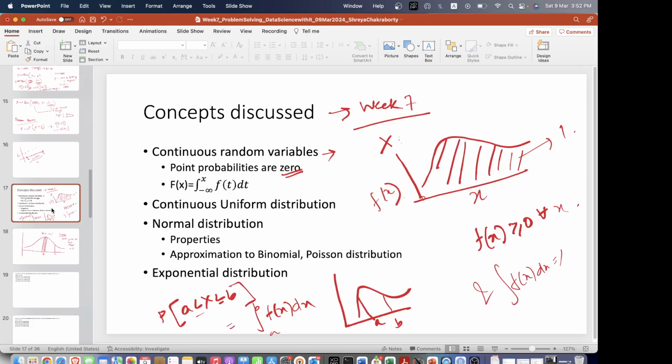Then we learned how to calculate CDFs from PDFs. If you are given a PDF of any sort, then the integration from minus infinity to x of ft dt would give you the CDF. Capital Fx is the CDF. Then we learnt about distributions like continuous uniform, normal and exponential.